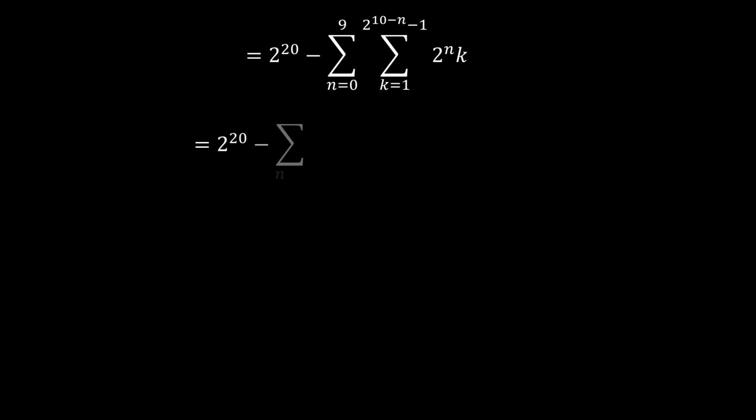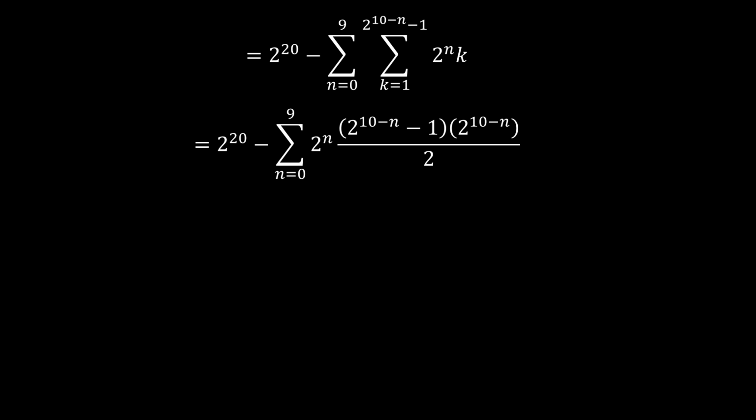And so as you can see, the sum of that arithmetic progression up to 2 to the power 10 minus n minus 1 is this value here.